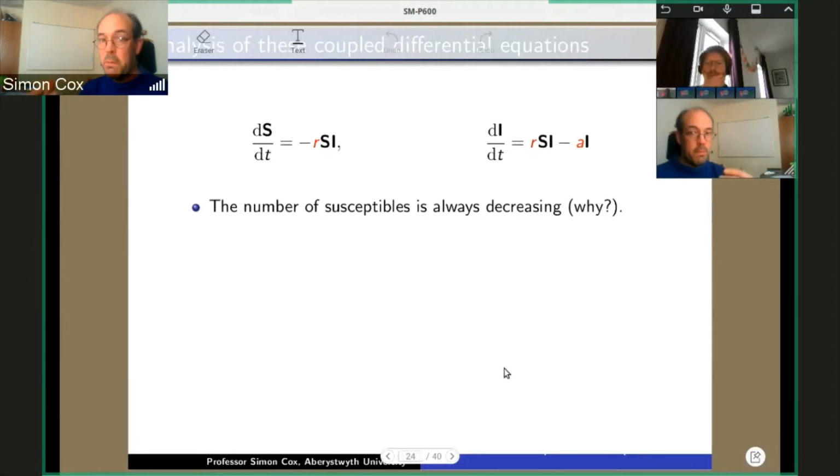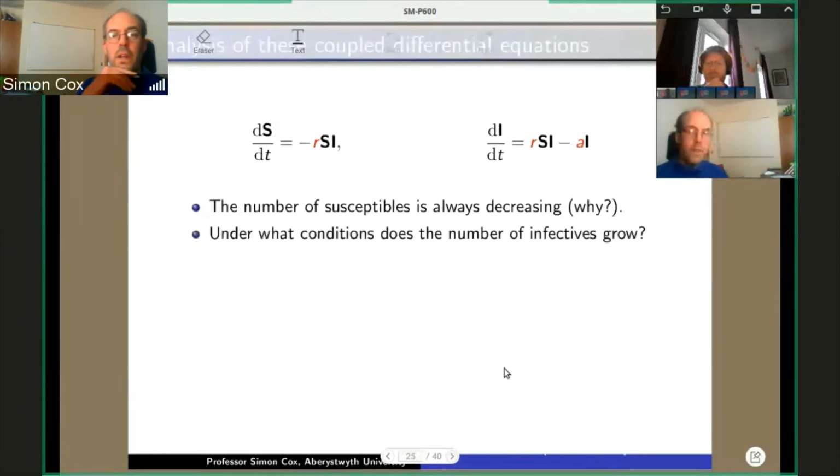And of course, maybe that's something we should change, but let's see what the consequences of this model are. And so every individual goes from S, possibly to I, and then possibly to R, but they can't go back. So S is always decreasing.